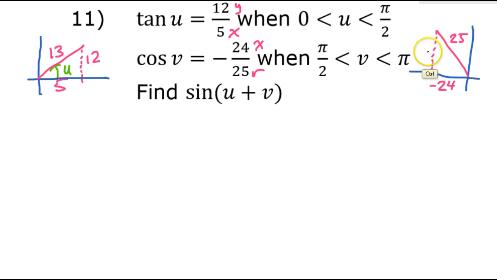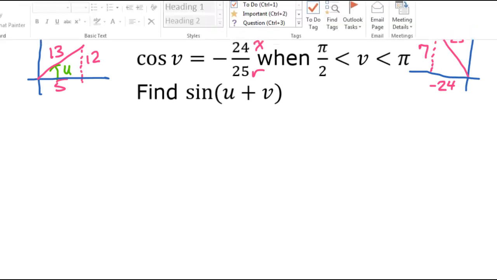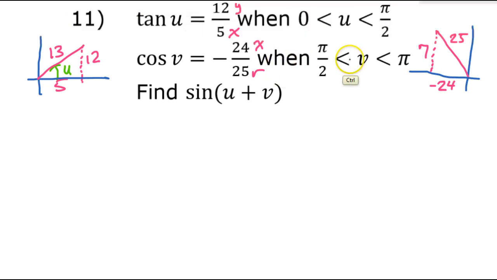Okay, which makes y 7, positive 7. So just do the Pythagorean theorem if you have not memorized that one. But the y has to be positive because of the quadrant that we're in. So that is going to be angle V. All right, label it clearly.